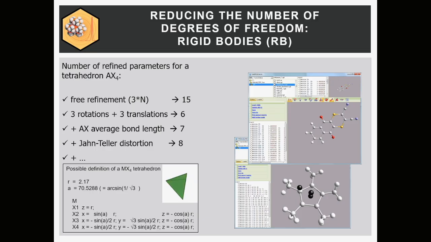It's almost impossible to find the structure. But if you know that's a ring, you put in the chemical knowledge, and then the entire ring is more or less fixed, and you only have the rotations 3 and the translations 3, so 6 parameters. And maybe you let it breathe a little bit, in a general way, 1 more parameter, and that's much easier to do.